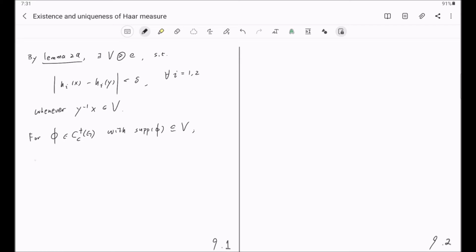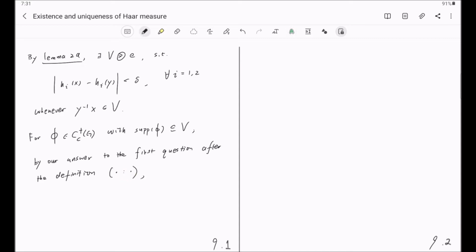By our answer to the first question after the definition of this Haar covering number with respect to functions.